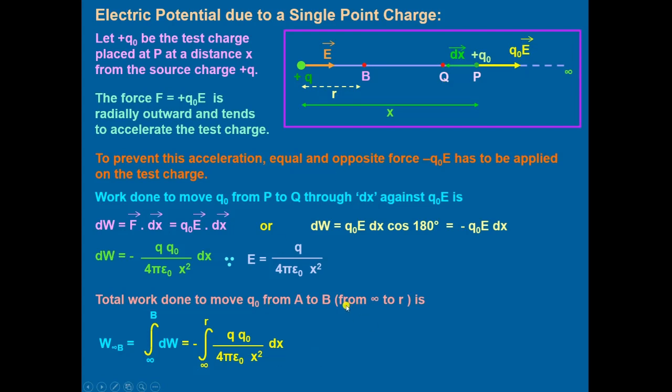we take it from infinity to R. We take A at infinity and another position at B, that is at R. W from infinity to B will be equal to the integration of dW from infinity to B, which is equal to minus the integration from infinity to R of q naught Q divided by 4 pi epsilon naught x square dx, and we take the constants outside because these values are constant.